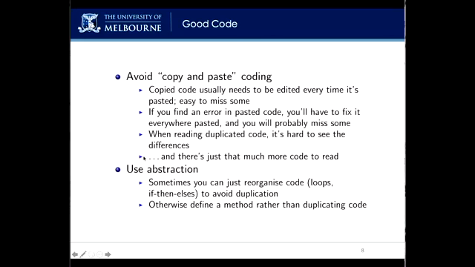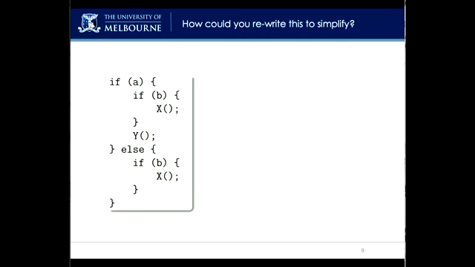So what we have next, we've got this code here. How could we rewrite this code to simplify the style? What could we do? Look at this code. It's pretty basic.